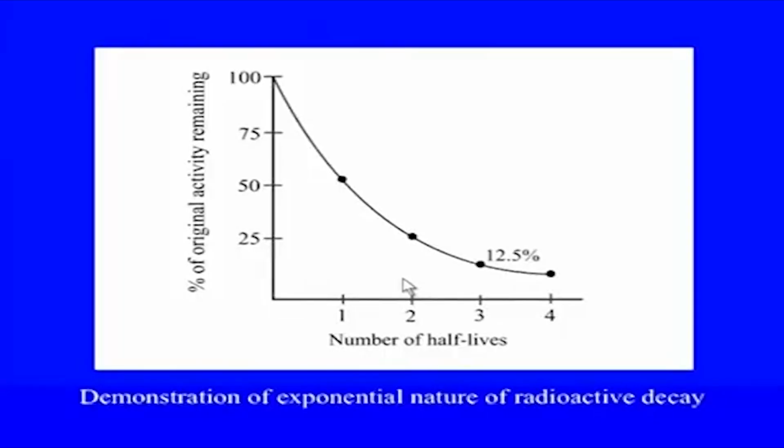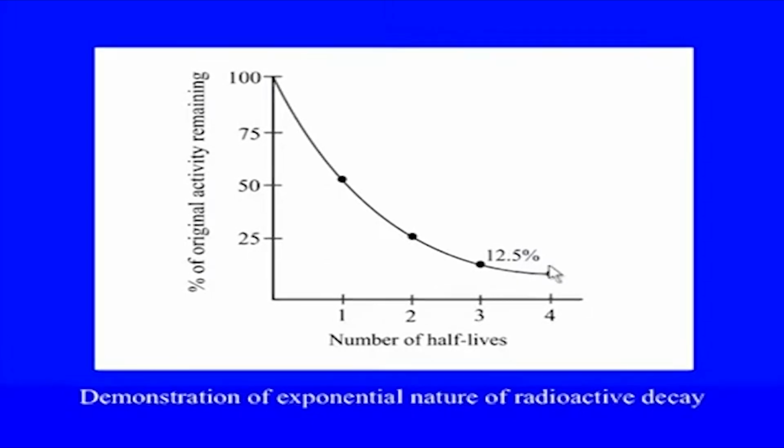Now, if you see this figure here, this demonstrates the exponential nature of the radioactive decay. Here, there are a number of half lives given, like half life 1, which is at 50%, half life 2, which will be 25%, because the original value becomes 50, so it is now 25%. And half life 3 will be what?